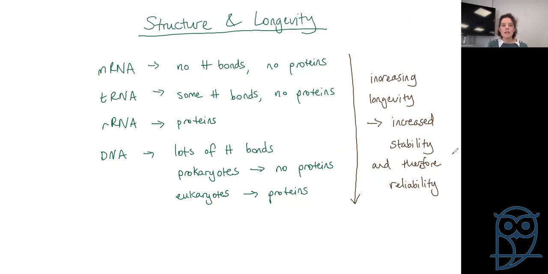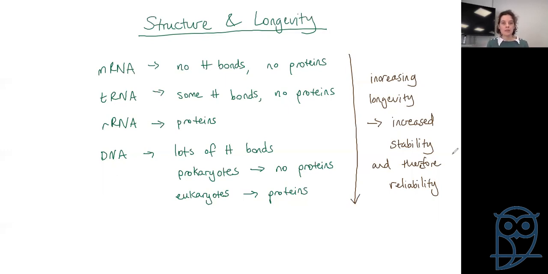The mRNA that you're using to build proteins at the moment, you might not need that in 20 years' time. But the DNA that's giving the instructions in your cells, in 20 years' time, you're still going to need that exact same DNA with that exact same set of instructions. So it really needs to be much more stable and much more reliable over time.